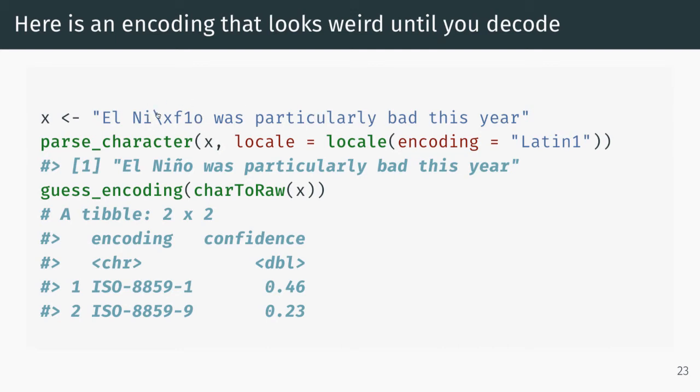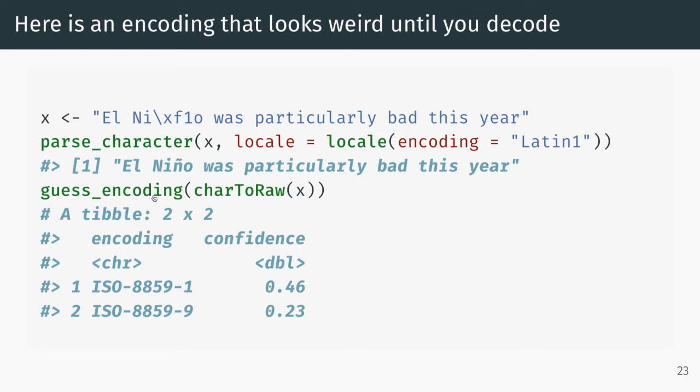The encoding here is called Latin 1, which is also known as ISO 8859-1. That's the same thing as Latin 1 encoding. And if we parse it as if it were UTF-8, the result is going to be El Nino. So we get what is actually meant here.